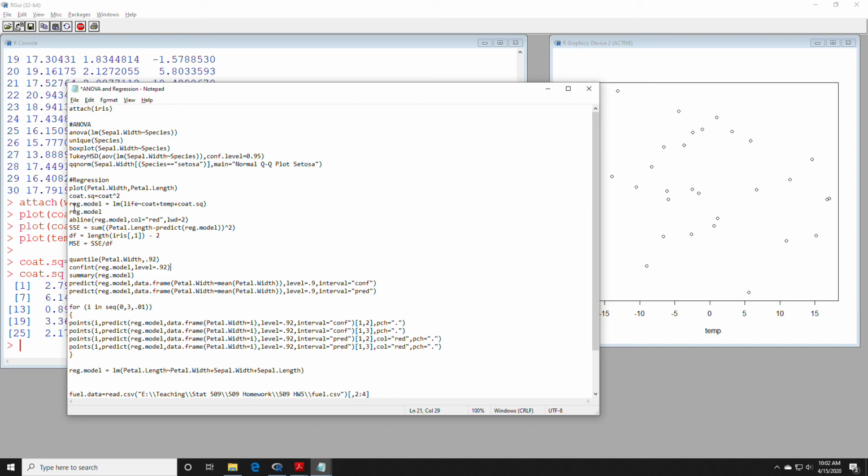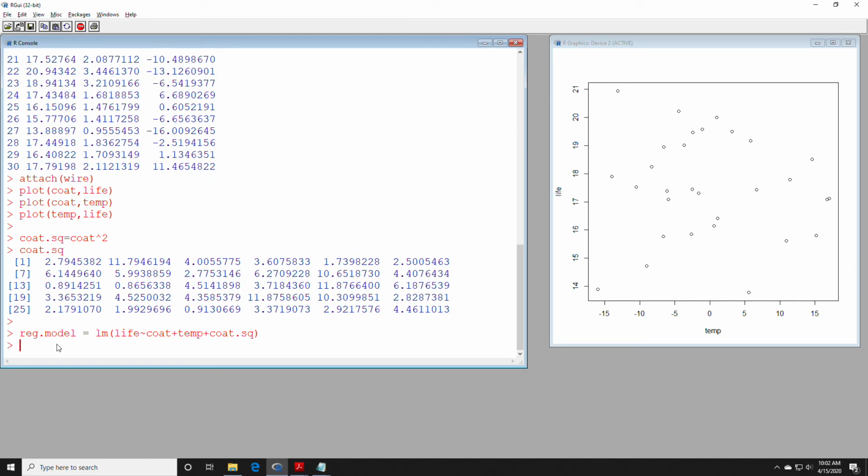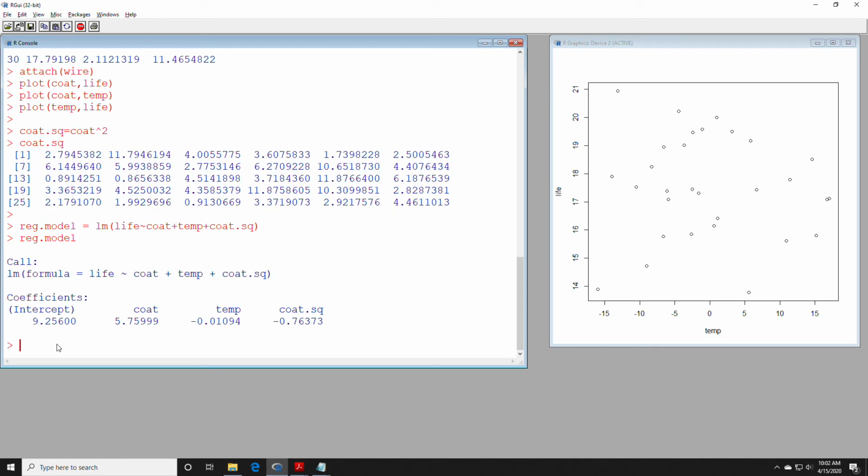And now we have the regression model of regressing y, our lifetime, on coding, temperature, and squared coding, which was the biggest model. Okay, and this is our model. But of course, this has absolutely nothing to do with whether this is a good model or not.